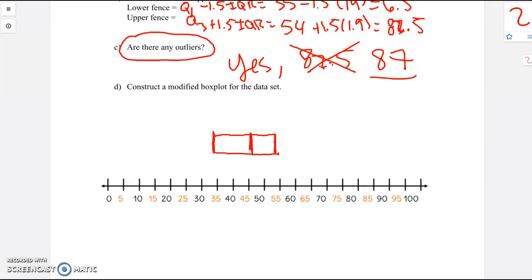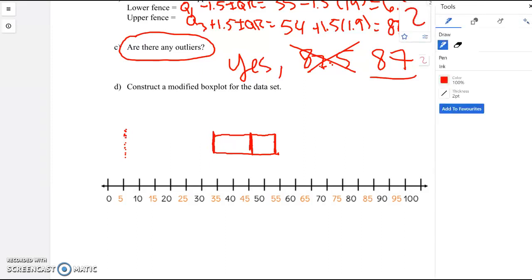Now let me write the hinges. The lower fence, you don't really need to draw, but it just tells you where everything is at. My lower fence was 6.5, so 6.5 is somewhere around here. Let me draw it in a different color, in green.